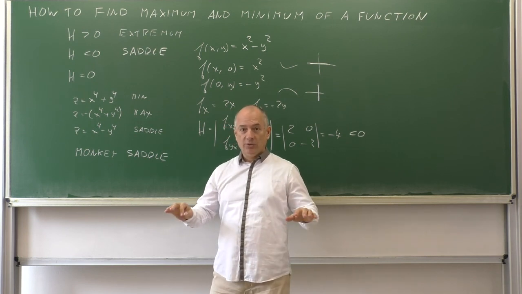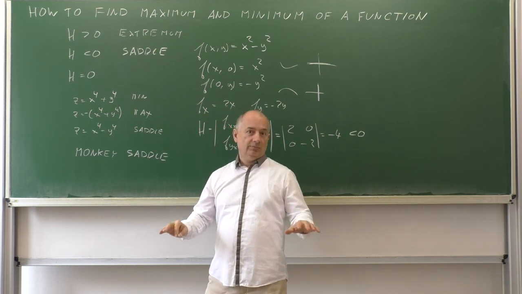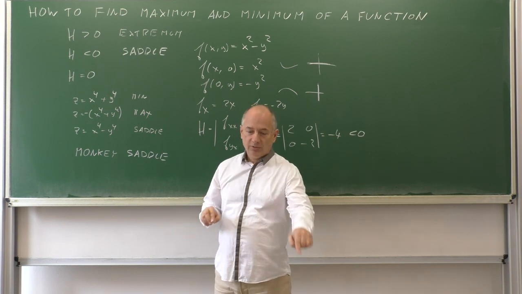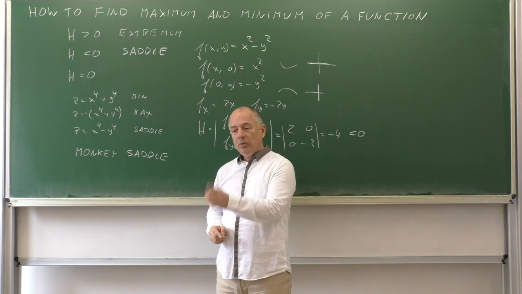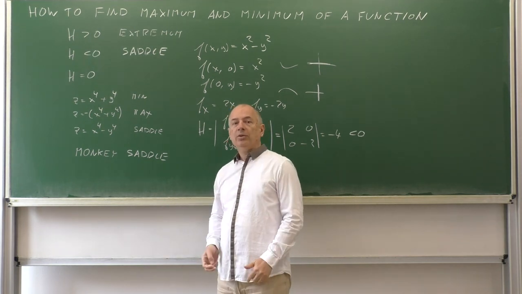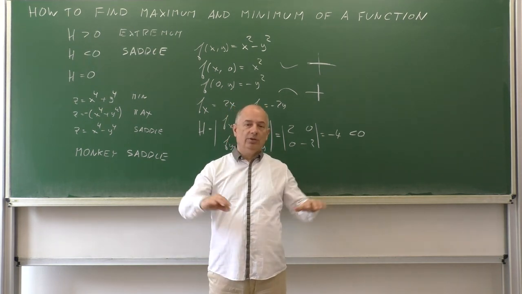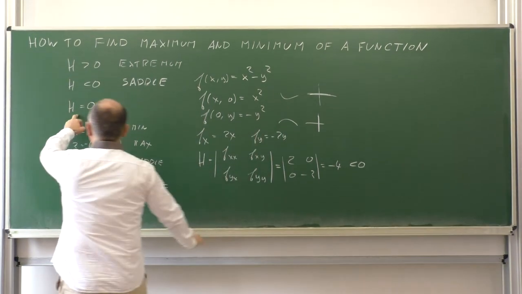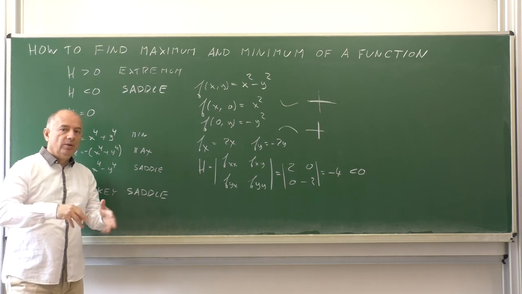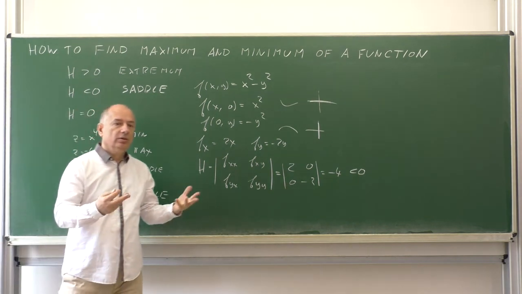And for a monkey to sit comfortably on a saddle, it must have 3 directions when the function goes down, and in between three directions when the function goes up.